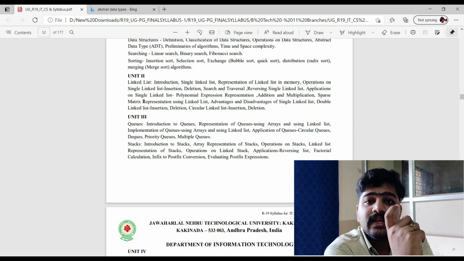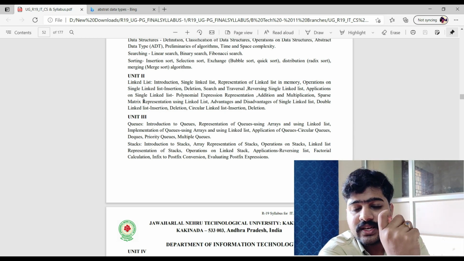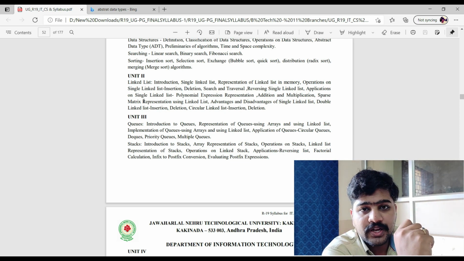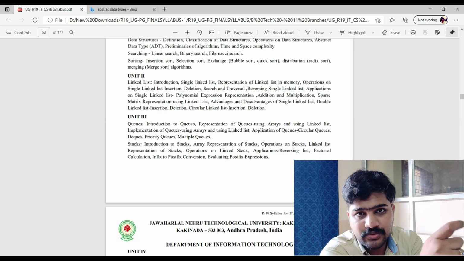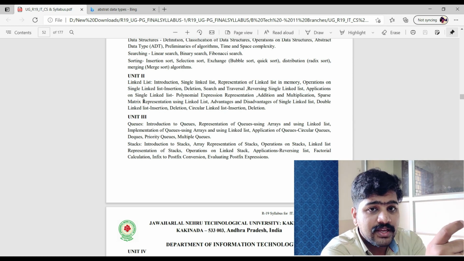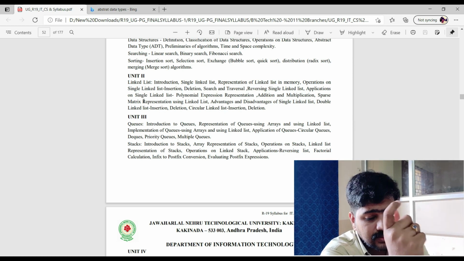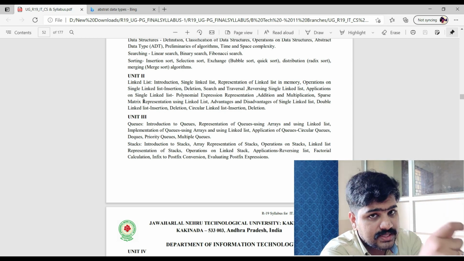And what are the naming conventions of insertion and deletion? We have pop and push operations for stacks, not for queues. For queues, NQ and DQ for insertion and deletion. And also peep is another operation which is available in stacks.